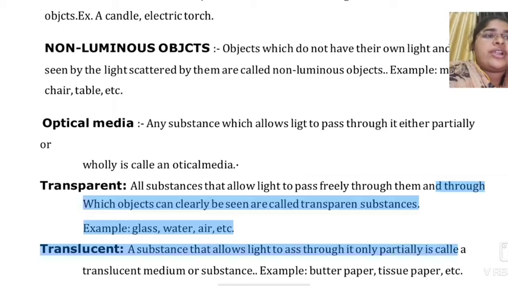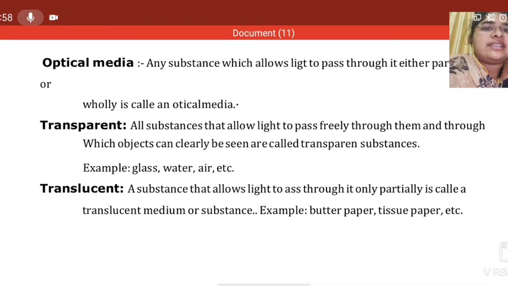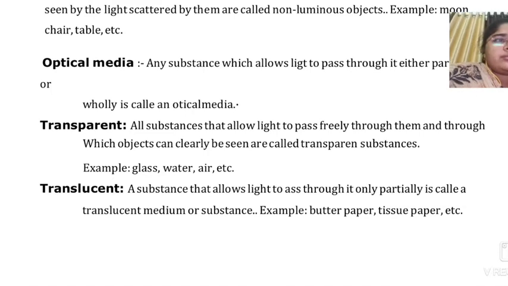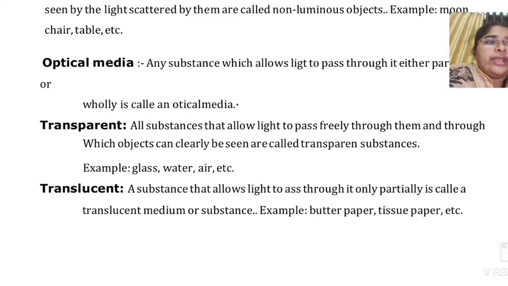First, you can see the transparent object. Do you remember, student, the definition of a transparent object? All the substances that allow light to pass freely through them, and through which objects can be clearly seen, are called transparent substances.